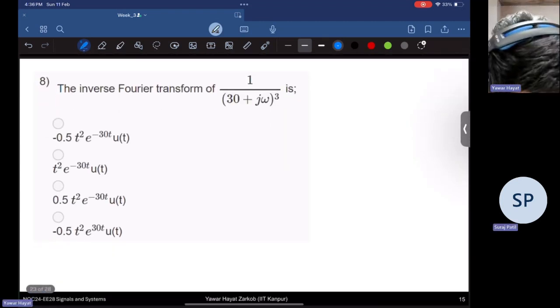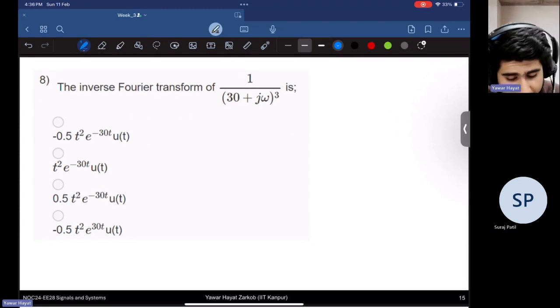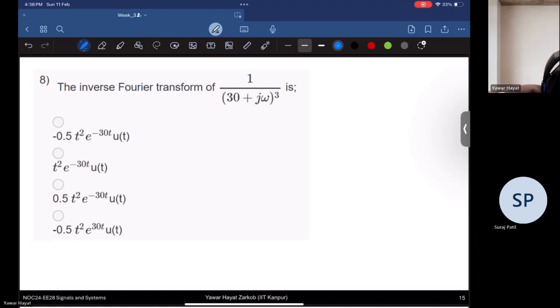Now this one is more interesting. What is the inverse Fourier transform of 1 by 30 plus j omega whole cube? A hint: suppose I had given you the inverse Fourier transform of just this, what would be your answer?